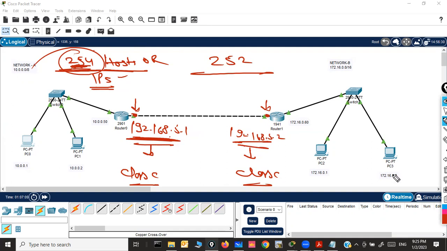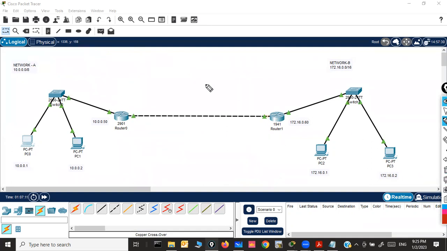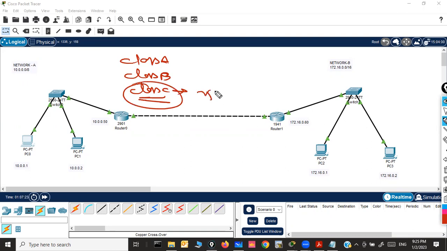So can we do something in general? No. In general, we can't do anything because we have already used a class C network. And remember, class C is the smallest network. In a single class C network, there are 254 valid host IPs.